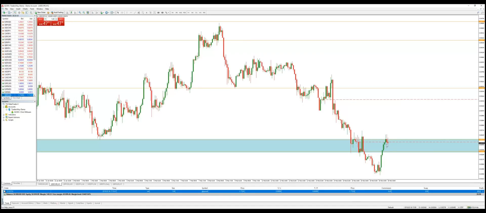Now this candle indicates that there is hesitation on where the price should go. They can't make up their mind. The bears and the bulls are about as strong. They're equally strong.